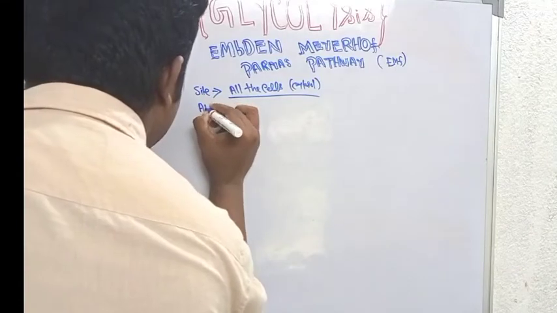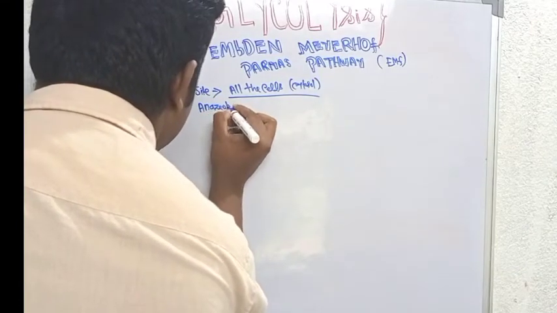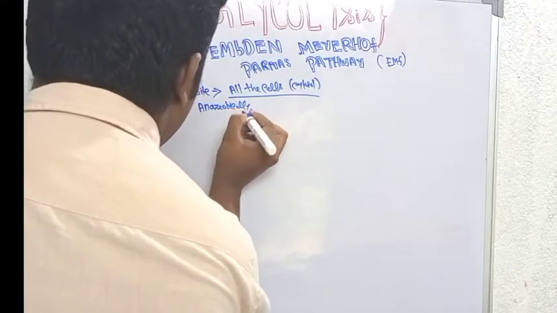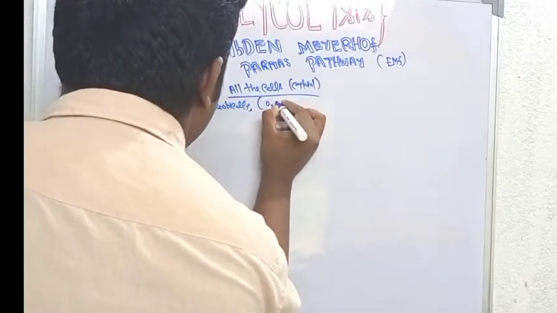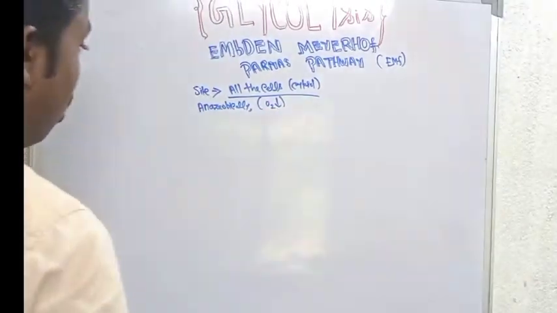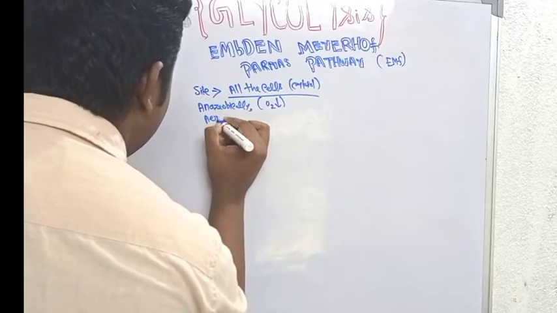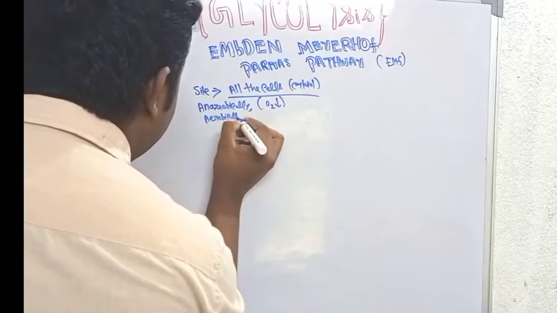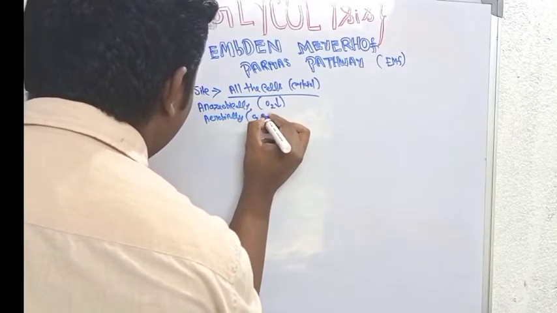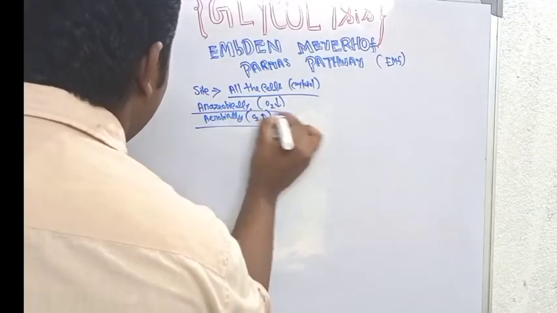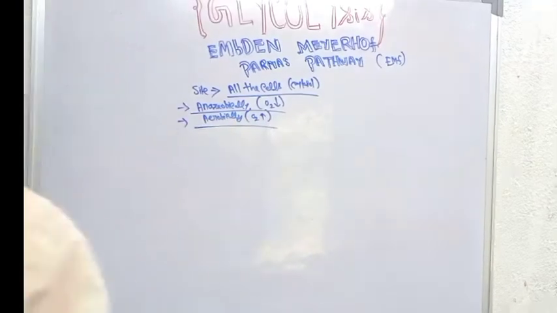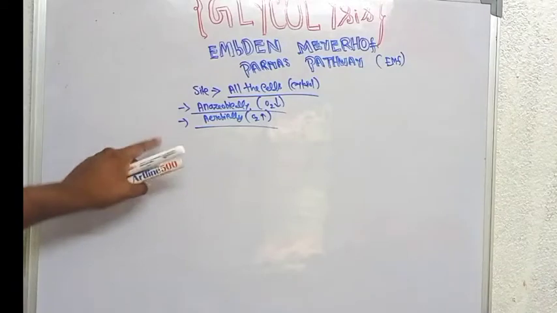Glycolysis takes place anaerobically, meaning in an oxygen deficient condition, or aerobically, in an oxygen rich condition. In these two conditions glycolysis takes place and gives us energy.